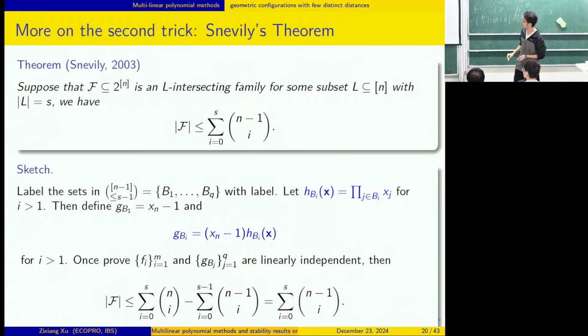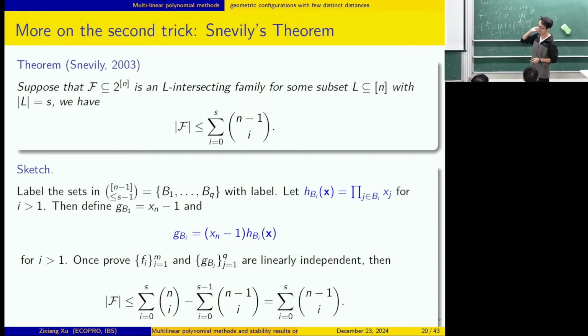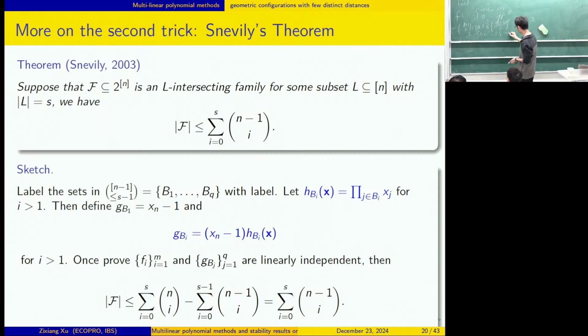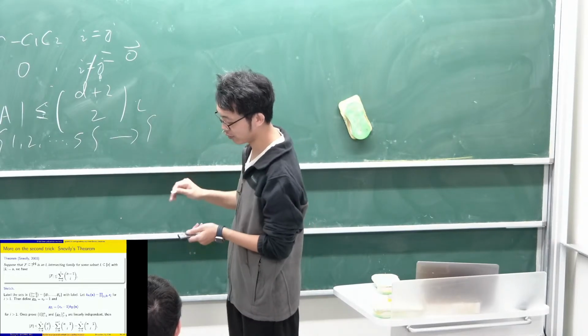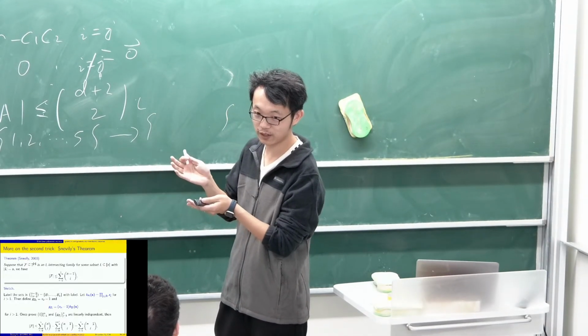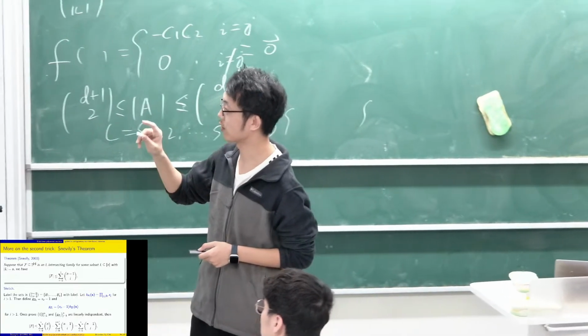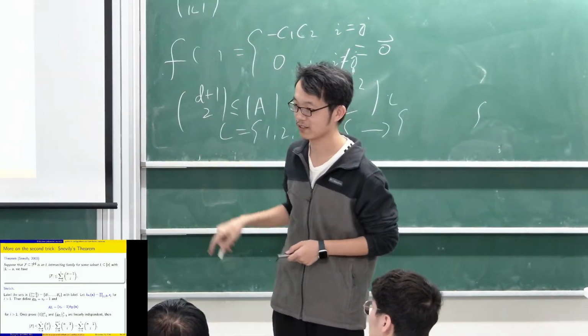At the very beginning, he proved it when L is 1, 2, 3, 4 up to s, and later he proved it when L consists of a consecutive sequence of integers, and finally in 2003 he completely proved this theorem.